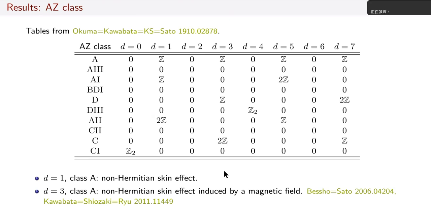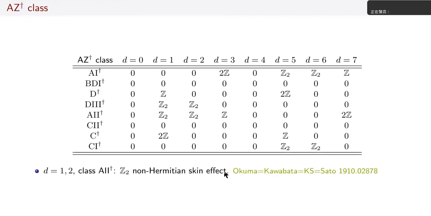Physically, it is the skin effect induced by magnetic space. And this is class AII dagger, which has a Z2 classification. It is found that this corresponds to a kind of Z2 generalization of the non-Hermitian skin effect.